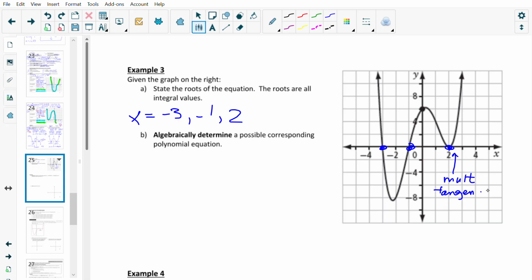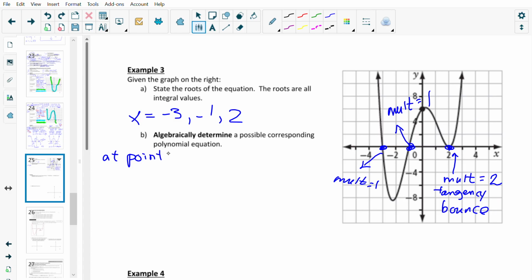Let's check multiplicities. This is a point of tangency. So there's this bounce, right? The multiplicity for a tangency possibly is 2. This is multiplicity of 1.